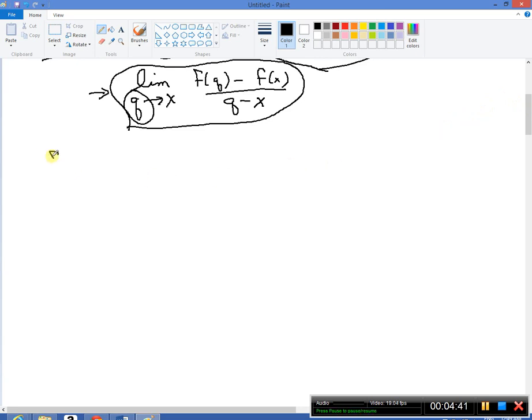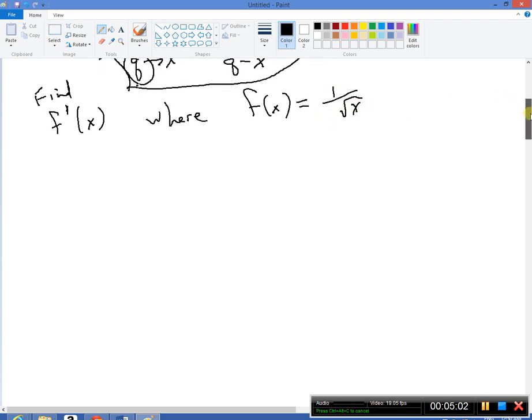Let's calculate f prime of x. So our problem is find f prime of x, where f of x is given by something like, how about 1 over the square root of x?